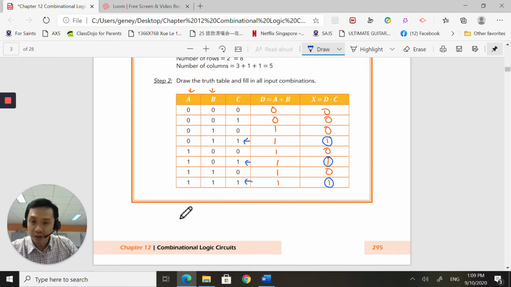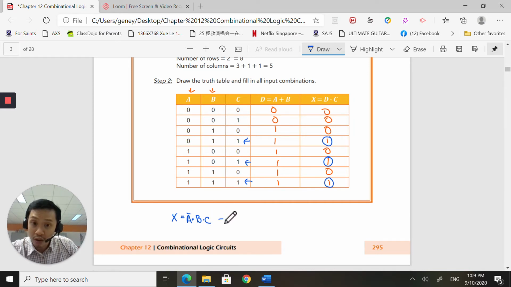So X is true if A complement and B and C happens, right? If A is 0, B is 1, C is 1, X will be true if this happens.